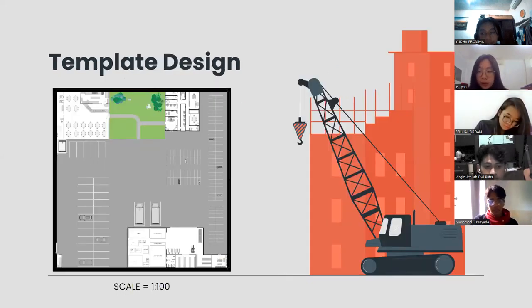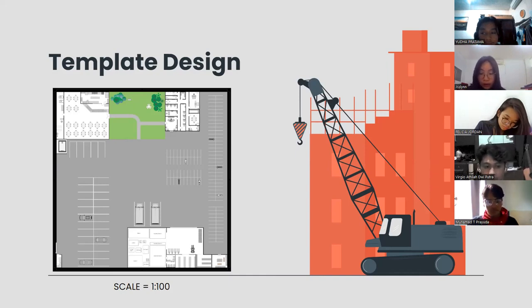So after determining the optimum layout for the factory, office, and production floor, we can then proceed to the template design. The visitors and the workers first enter through the gate near the security room on the lower left part and continue to the parking lot according to their vehicle type, which consists of cars, motorbikes, or trucks.